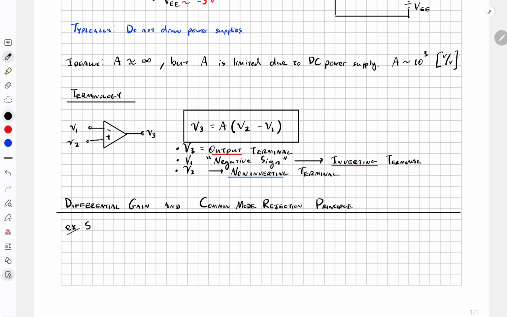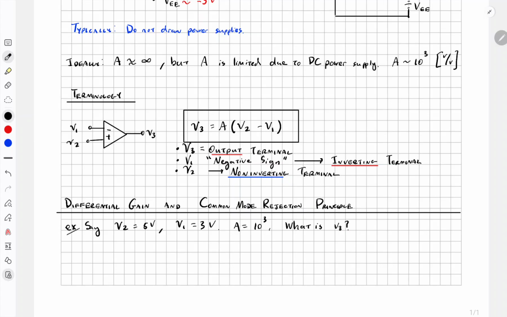Let's say we have an op-amp and we input V2 with 5 volts, and then we input V1 with 3 volts. As a property of the op-amp, we are told A is 10 to the 3. So the question is, what is V3? It's very simple to solve.